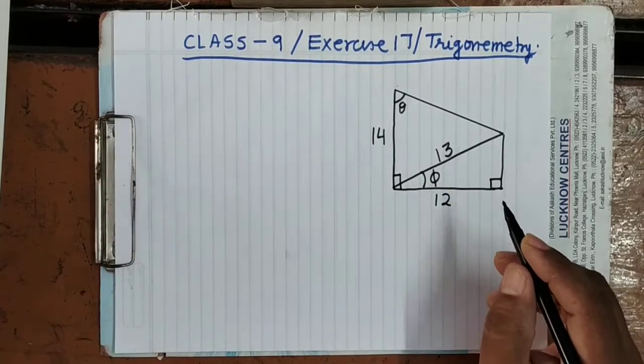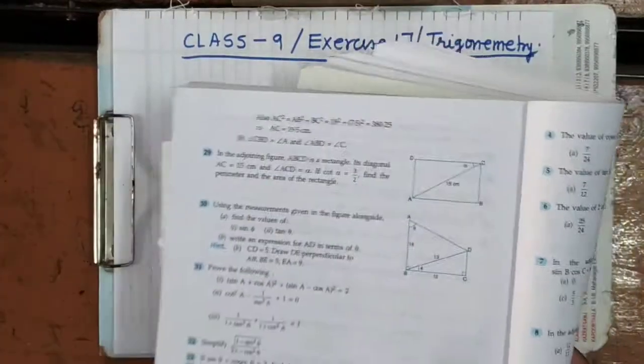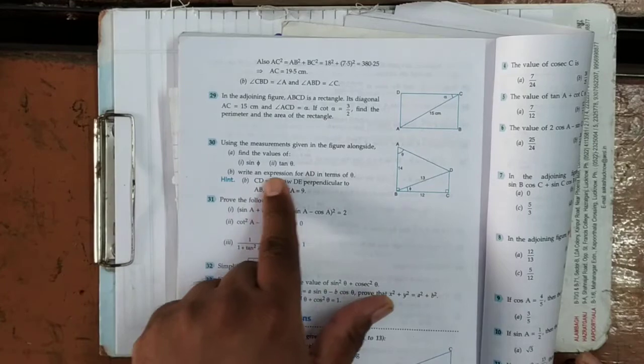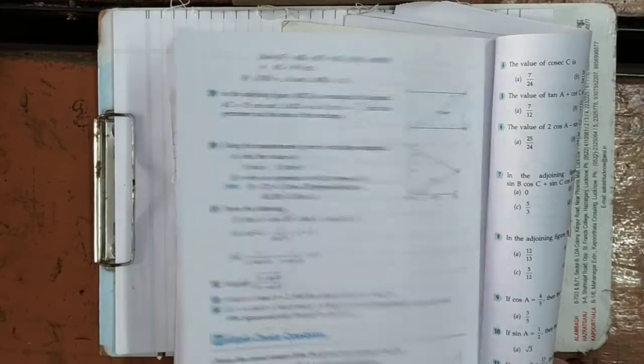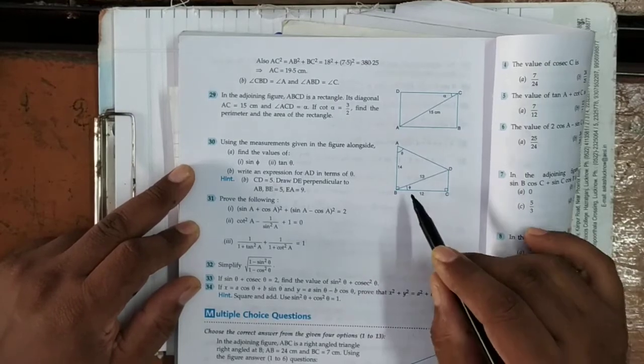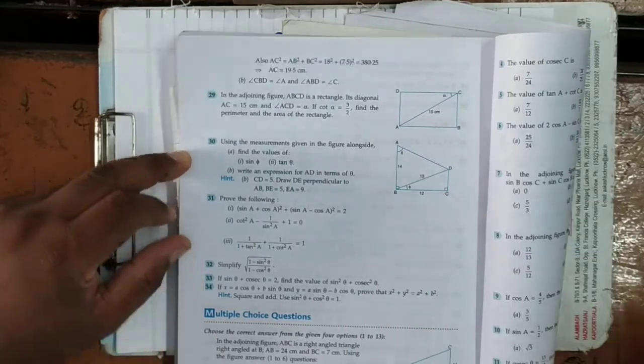Now see here, you can see in the book question number 14. Using the measurements given in the figure alongside, find the values of sin phi, meaning sin of this angle, and tan theta, meaning tan of this angle.